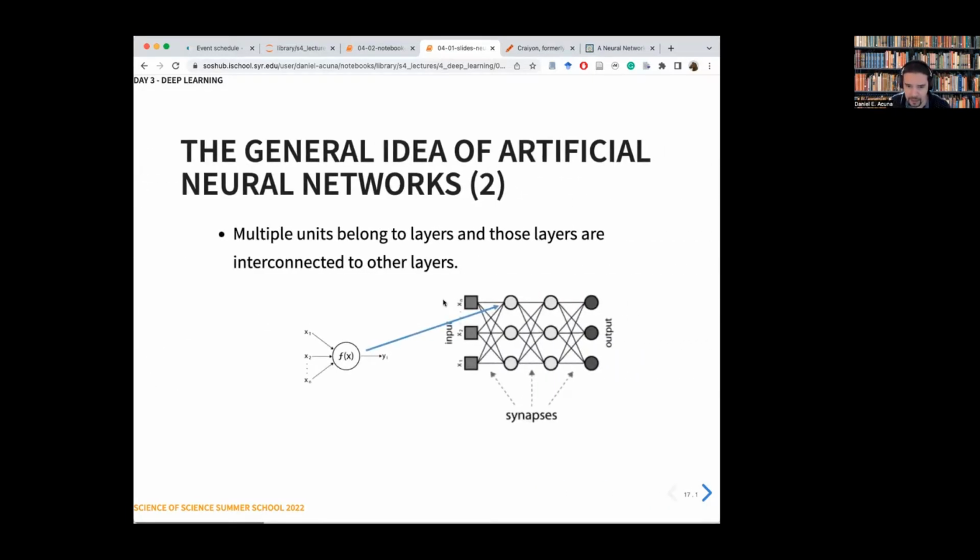So the way this will work is that you arrange these neurons into layers that are not connected among themselves. So this will be layer 1. Each of the neurons in layer 1 would not be connected to neurons in the same layer. They will be connected to neurons in the next layer.